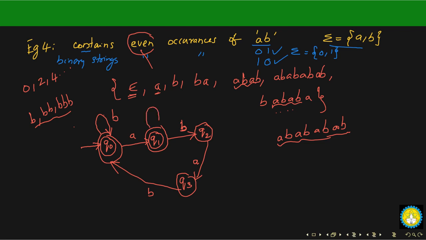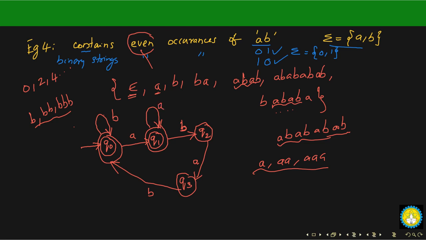You should stay here itself until you see a B. So suppose our string is A or AA or AAA. For all these, you have to stay here, because it's also a final state, as you are seeing 0 occurrences of AB.